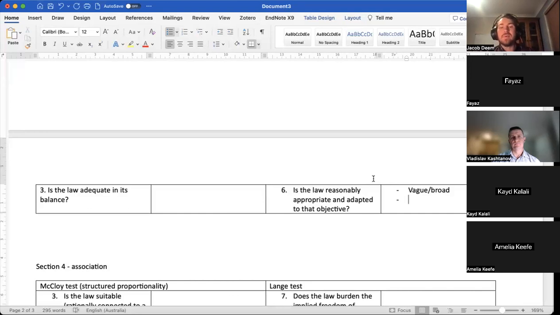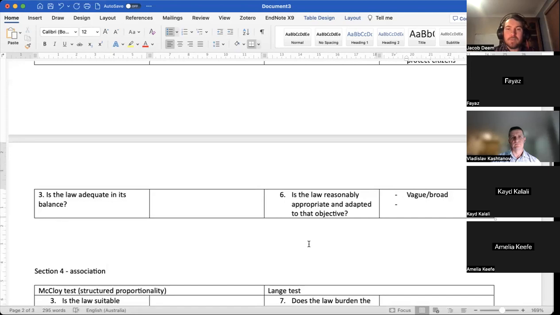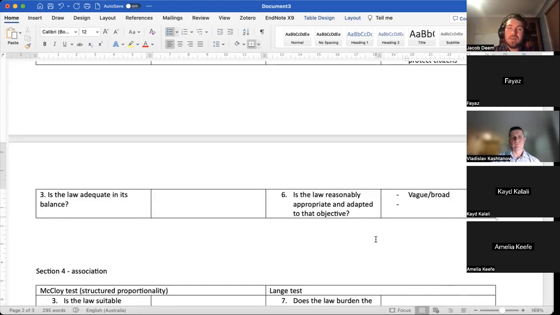So I think we would have a really strong argument here that the law is not reasonably appropriate and adapted. It's too broad, it's too vague, it covers such a wide range of communication that doesn't get at the core idea of a public health interest in the consumption of these products. Stopping people from talking about whether it's healthy or not, I think we'd have a good argument that goes too far.